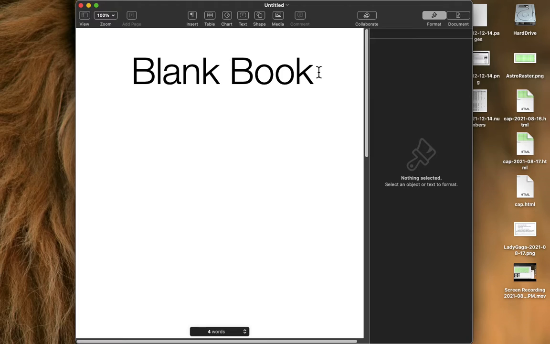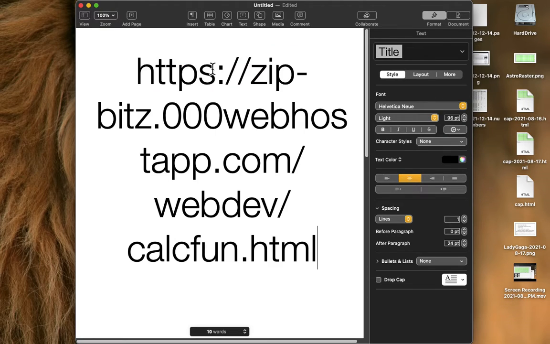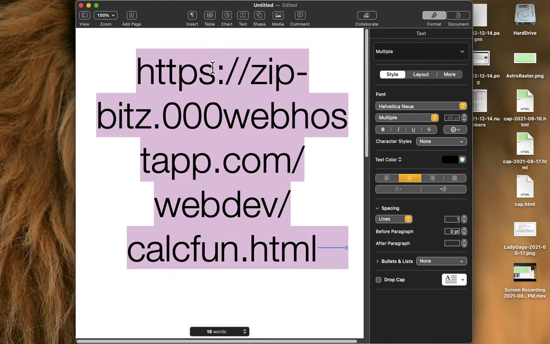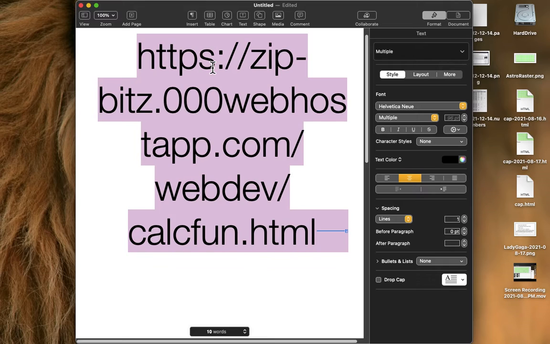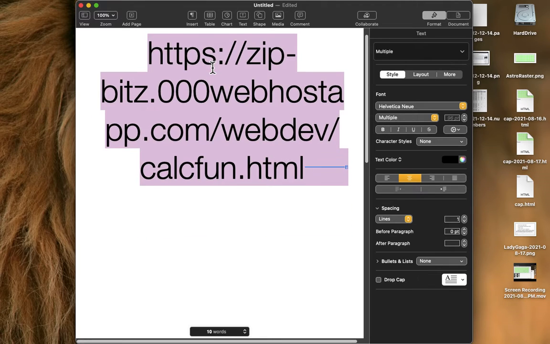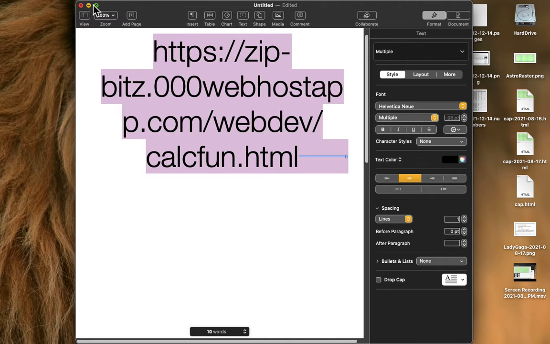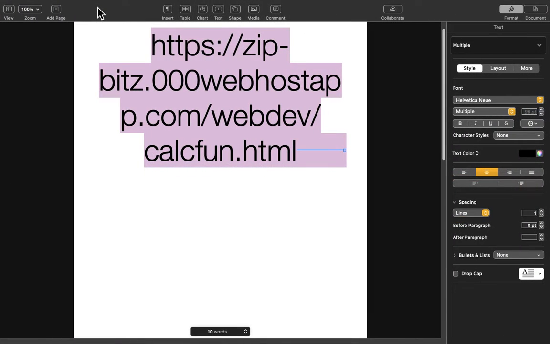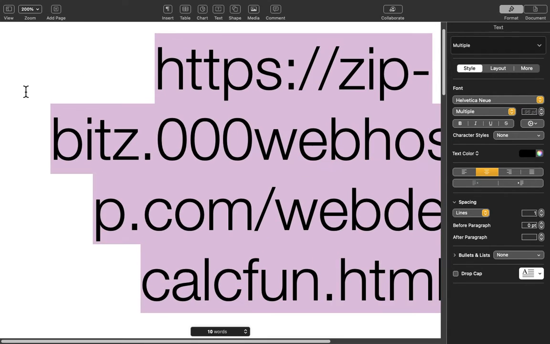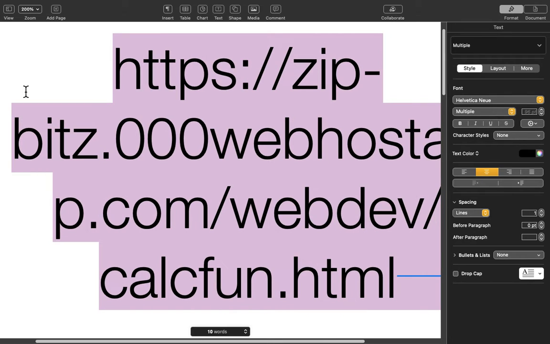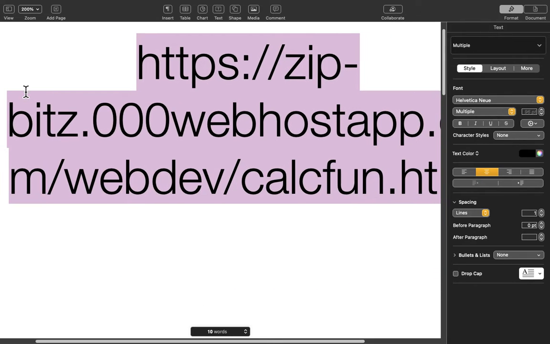So we go paste and select. Let's blow up the window. Make it bigger. Make it smaller. Make it bigger. Let's go 200%. And then let's crank down the font size.